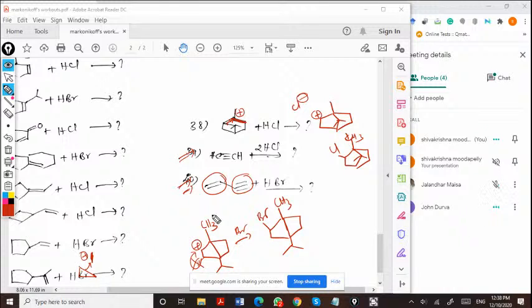Triple bond and double bond. So ఒకసారి hybridization చూడండి. This is sp2, this is sp. So electronegativity దేనికి ఎక్కువ ఉంటుంది? sp. So electronegativity ఎక్కువ ఉంటే donation capacity తగ్గుతుంది. Okay. So the double bond is more nucleophilic.